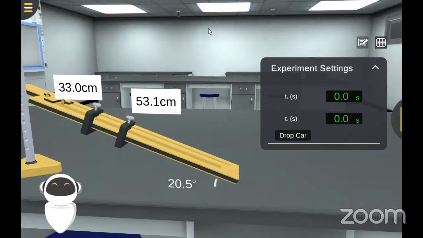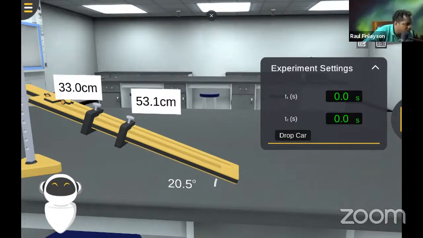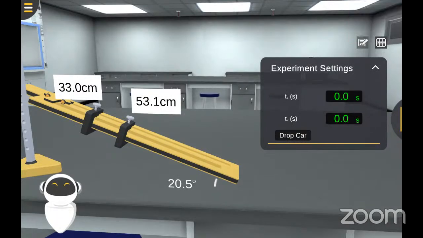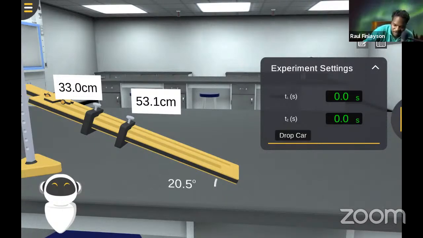So it means that in terms of the timing, you're going to have to talk about possible errors in measuring time due to use of a stopwatch or reaction time. Those are things that you need to be aware of.